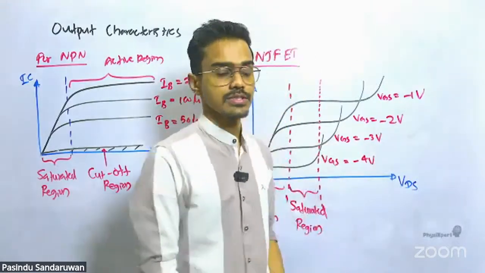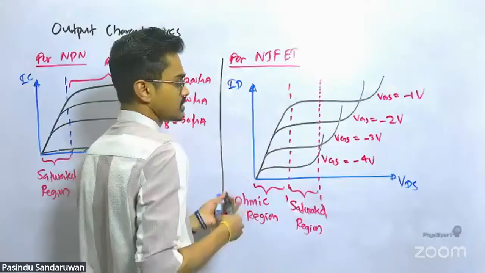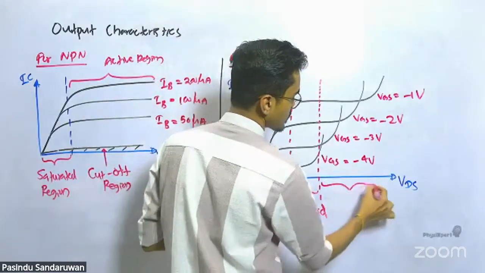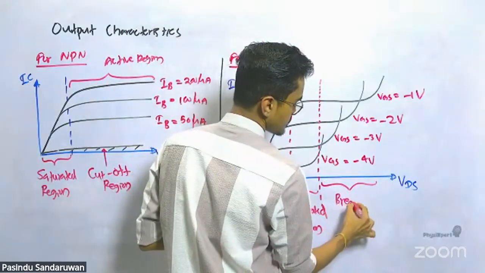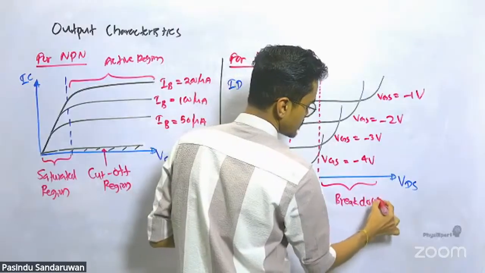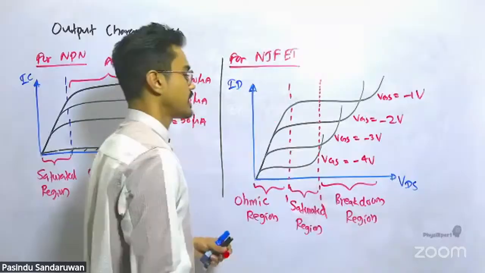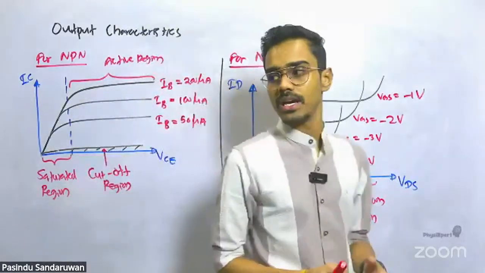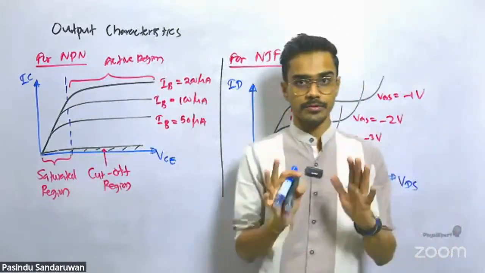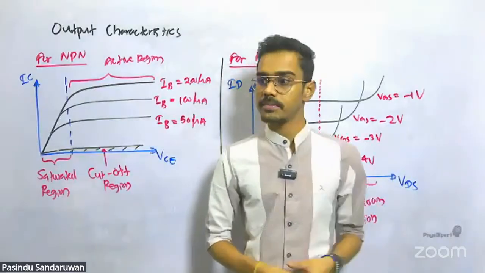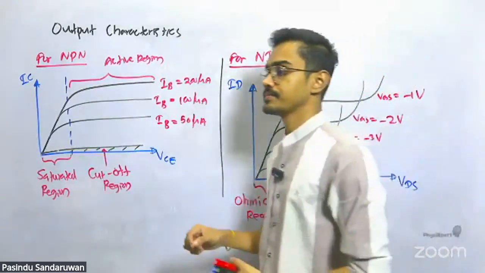Therefore, it's called the breakdown region. So you should be able to compare, and you have to memorize both of them. Take down.